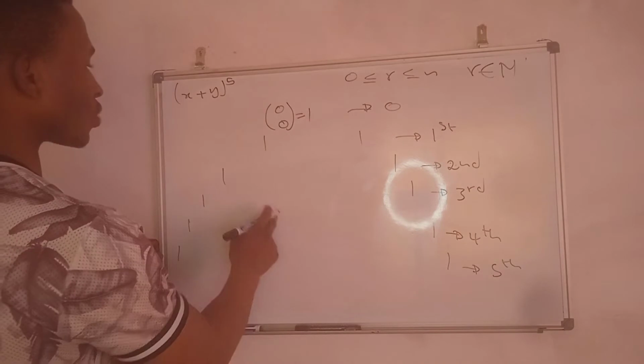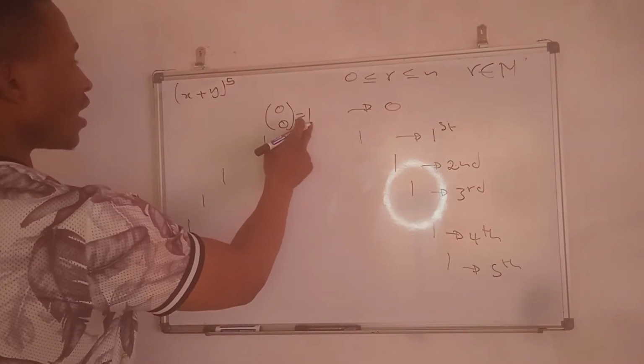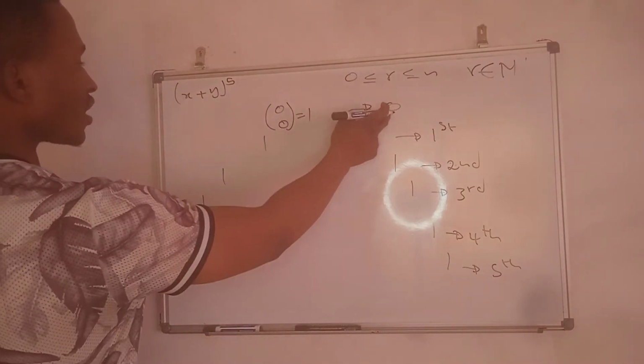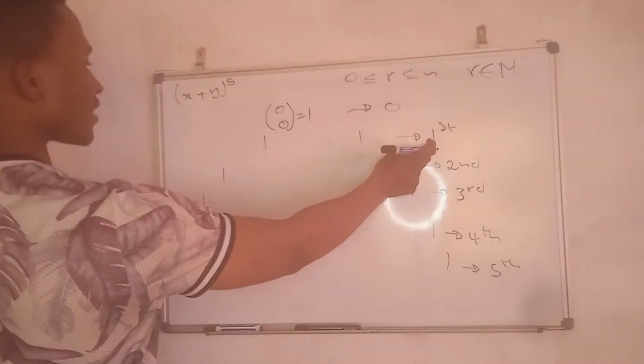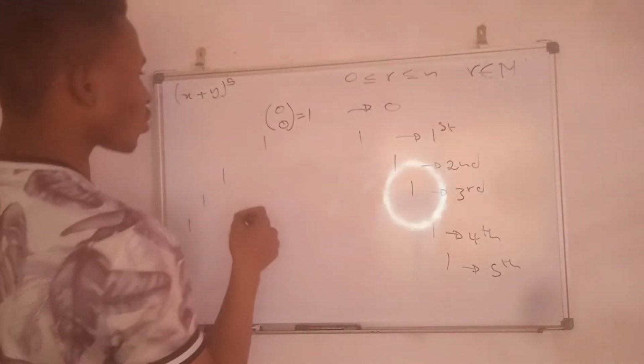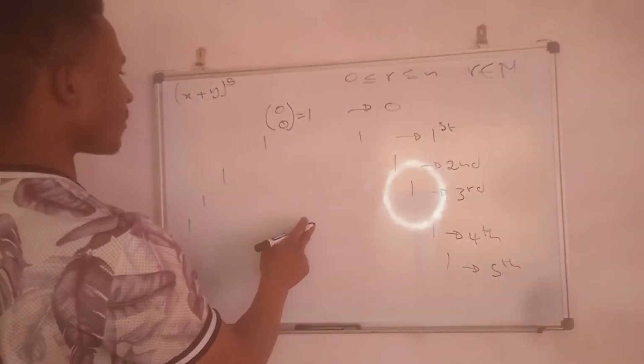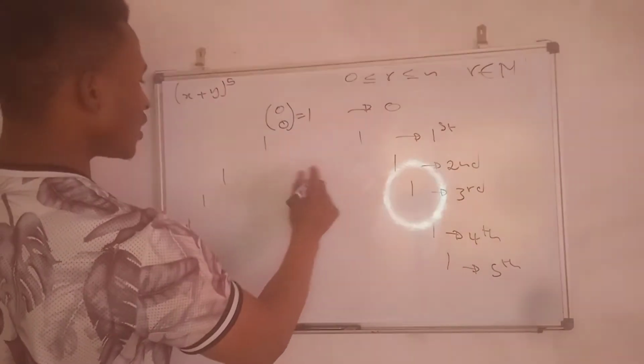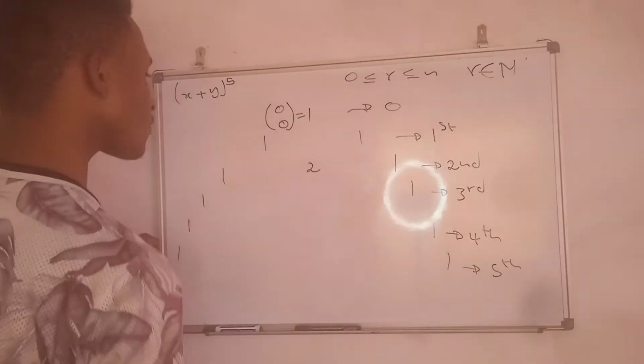But we know that this is my first exponent, which is 0, and on the first entry, let me just call it entry, we're going to say 1 plus 1 gives us 2.